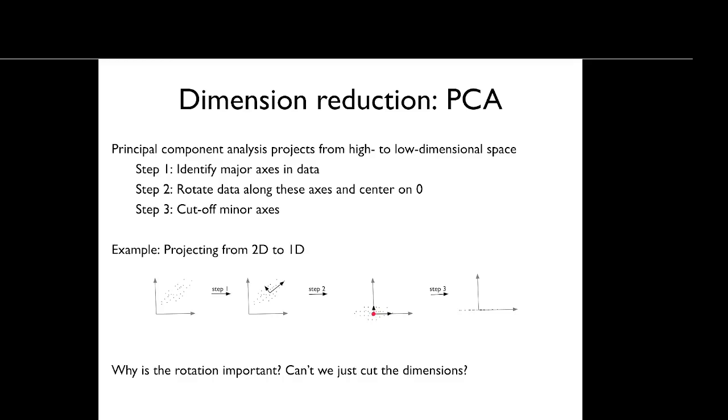So now the major axis is aligned with the x-axis, the minor axis is aligned with the y-axis, and the data is centered here in 0. And then finally we carry out the dimension reduction. We simply cut off the y-axis, all of the data gets projected onto the x-axis, and that is our final dimension reduction.